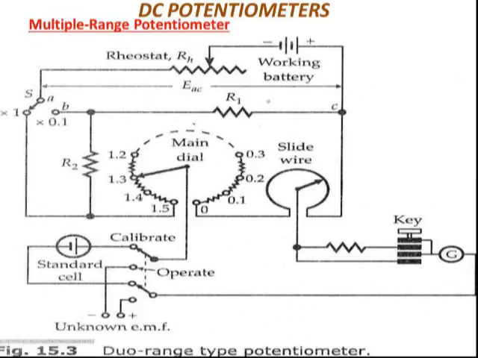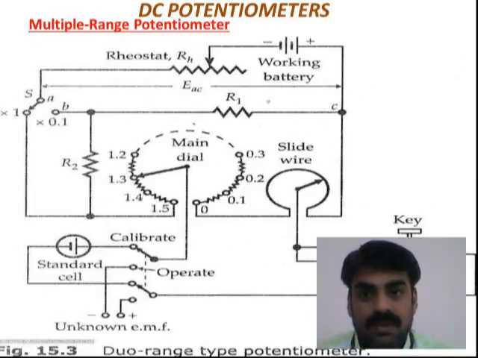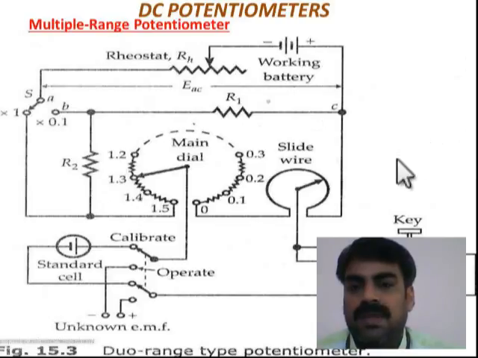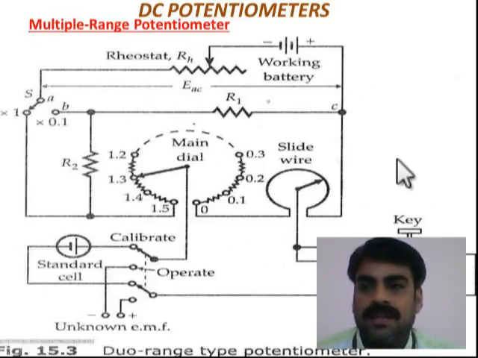potentiometer. Here you can see that the arrangement is similar to Crompton potentiometer. Here in order to get a second range, we are including resistors R1 and R2. So the presence of resistors R1 and R2 gives us the option to measure voltage in another range also.